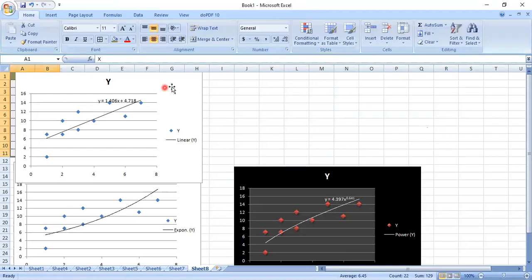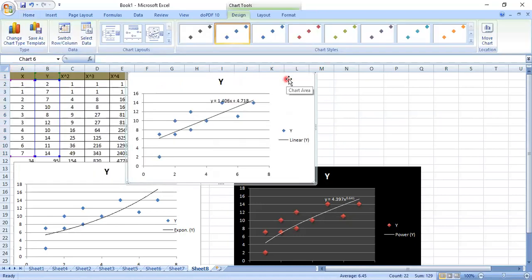Okay. If I try to compare this linear curve and this power and exponential curve, what we come across is the following. First of all, try to look at the linear curve. You see, these 2 points are pretty much closer to the linear line, and this point also.